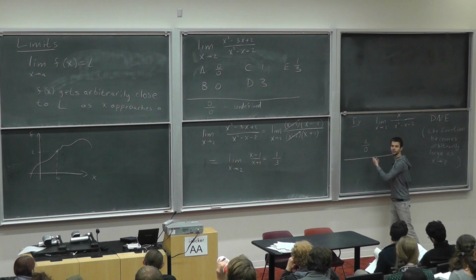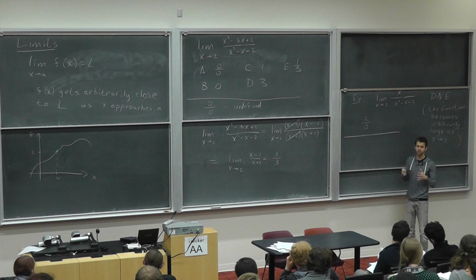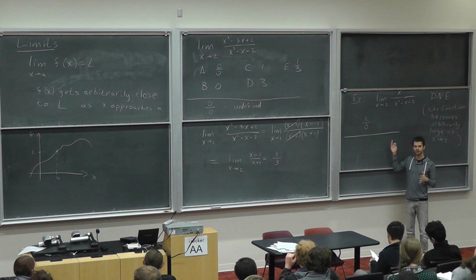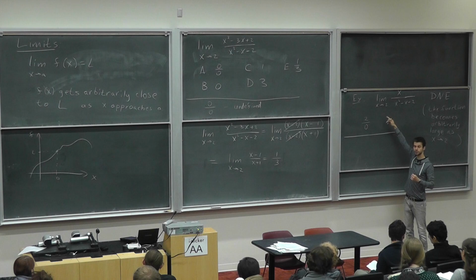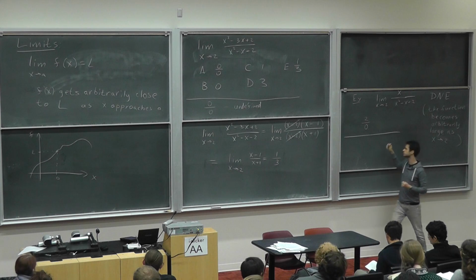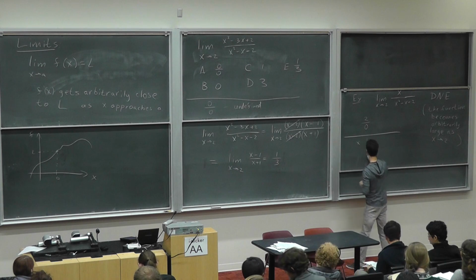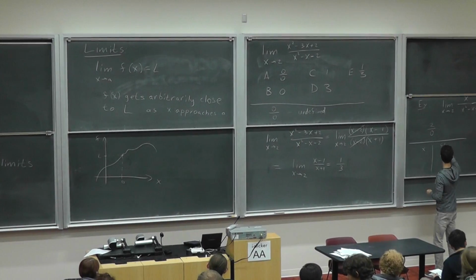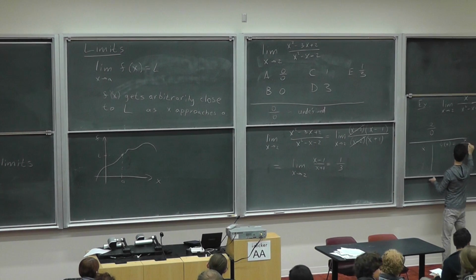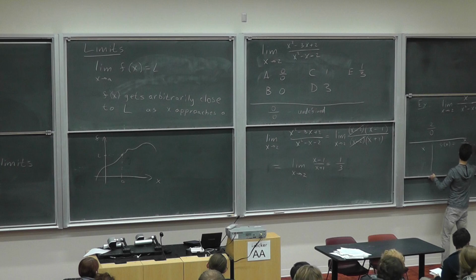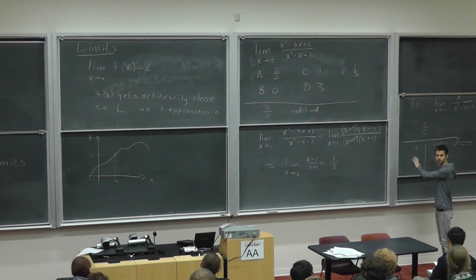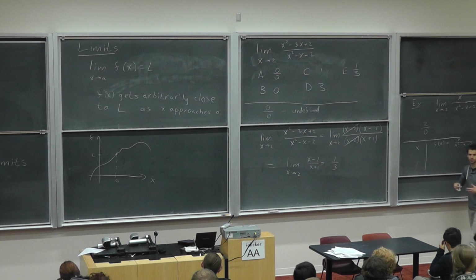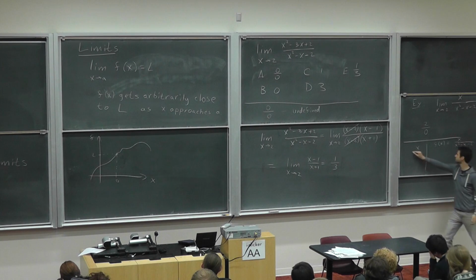Think about what would be the sequence of numbers which you would compute if you plug in values which are increasingly close to 2. I'll plug in x and compute x divided by x squared minus x minus 2. I don't want to use a calculator, I just want you to get the spirit of what happens.